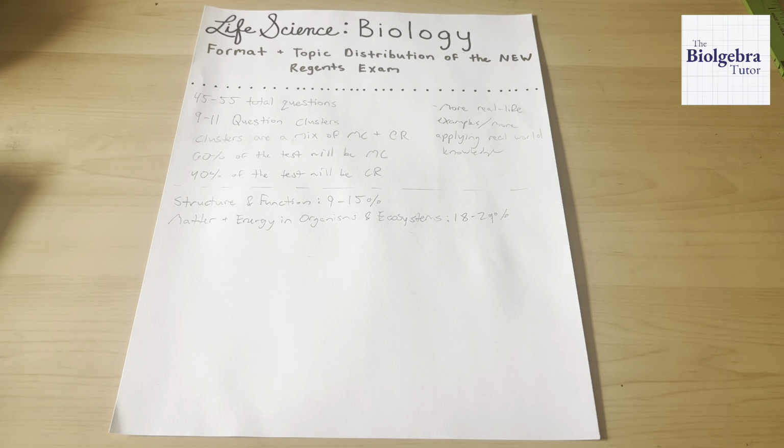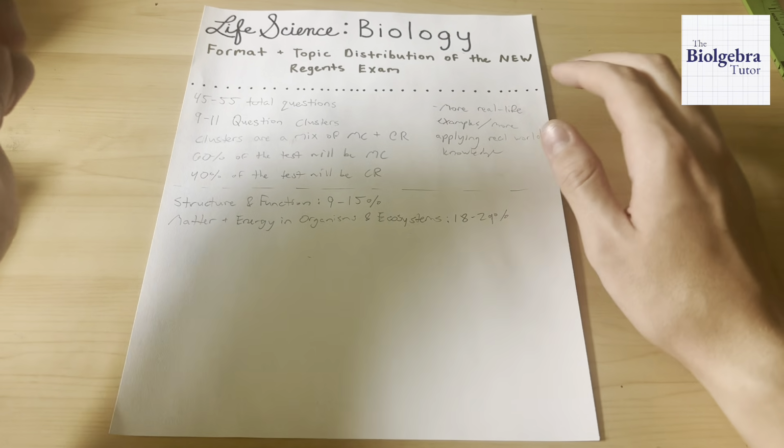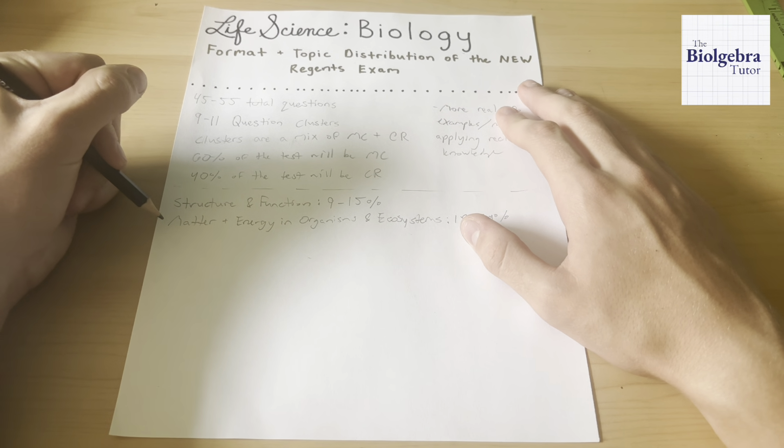You could see almost up to 1/3 of the whole exam being about that topic, meaning there might be more than one cluster about that. The next topic is interdependent relationships in ecosystems.